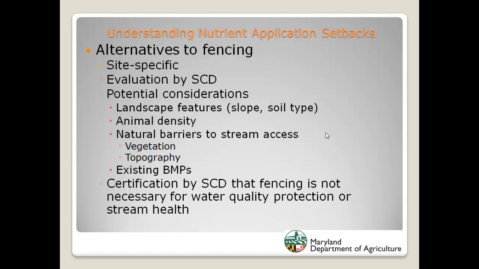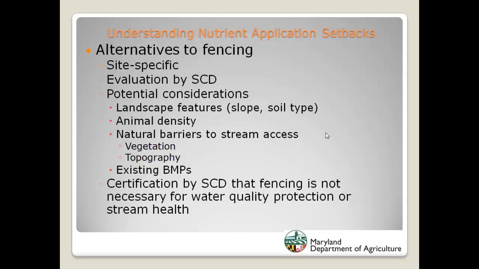There may be certain vegetation that by its nature excludes the animal from that 10-foot zone. There could be a change in elevation, whether it's a bluff or a steep slope, that the animal's just naturally not going to attempt to traverse and get into that 10-foot zone. Or other existing BMPs, whether they're alternative watering facilities, heavy use areas, these pasture management technologies, rotational grazing, for example, that might be an option for alternatives to fencing.